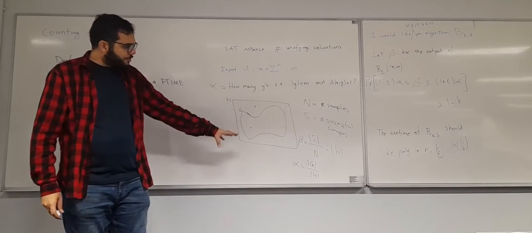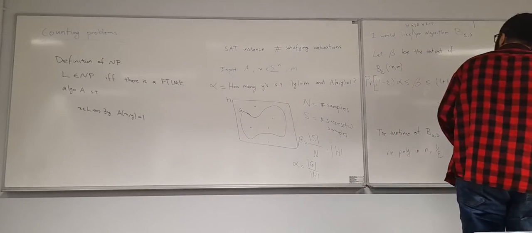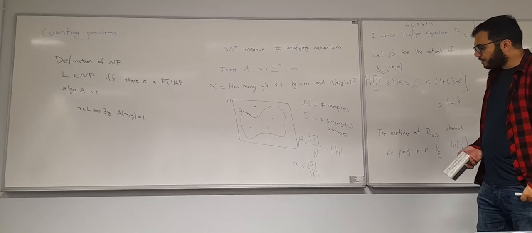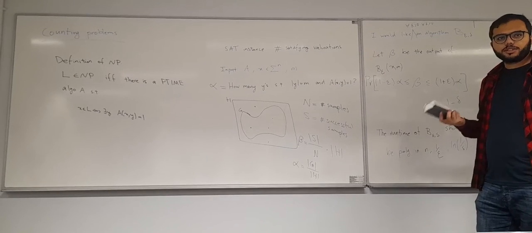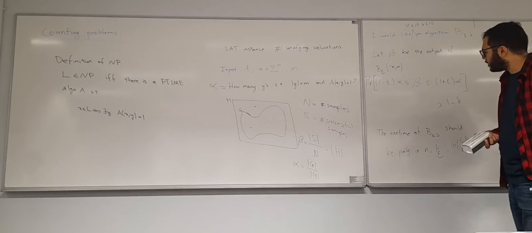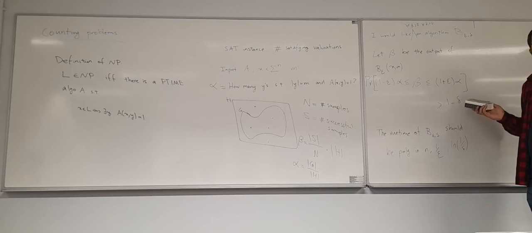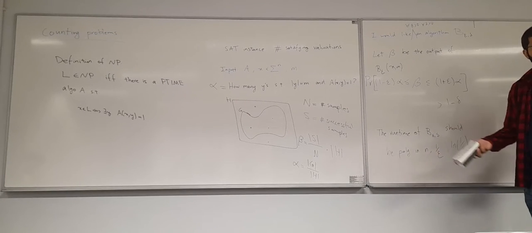Great, so let's say I do this. Now, of course, alpha and beta are not necessarily the same. Beta is intuitively just an approximation of alpha. But I want to find the probability that the approximation that I get is actually close.